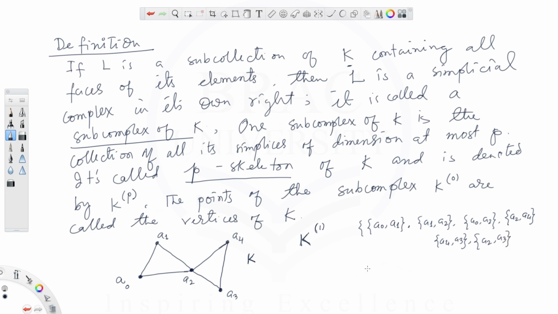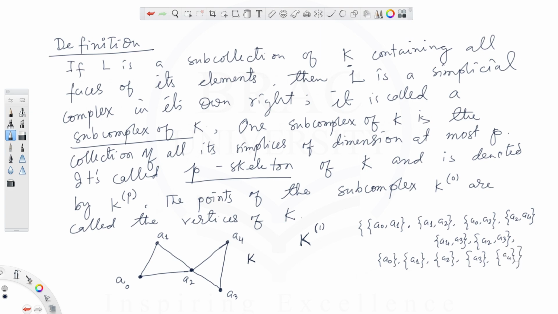Not only that, we have to include the vertices as well, because these are just the one-simplices, but we are taking the simplices of dimension at most 1, which means that we have to include K_0 as well. So which are A0, A1, A2, A3, and A4.